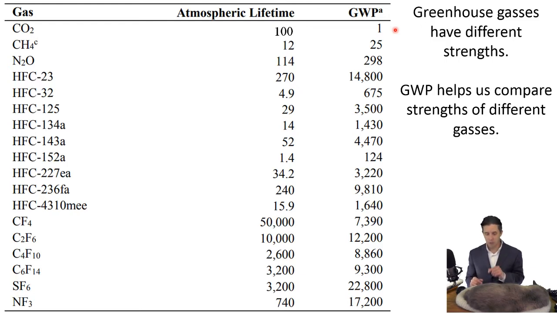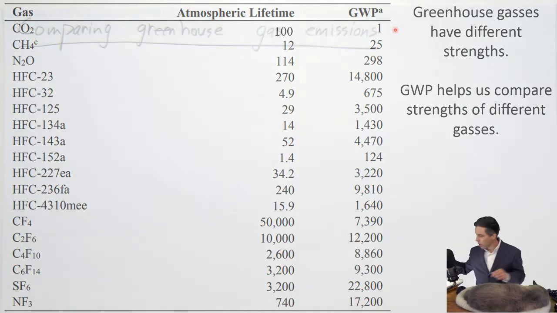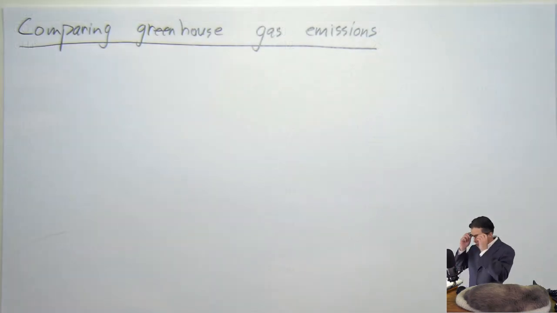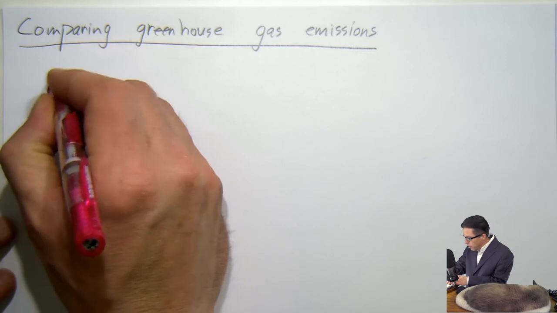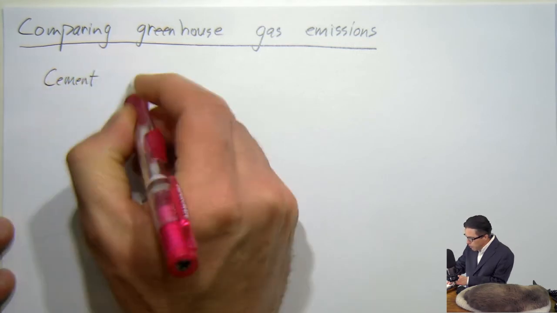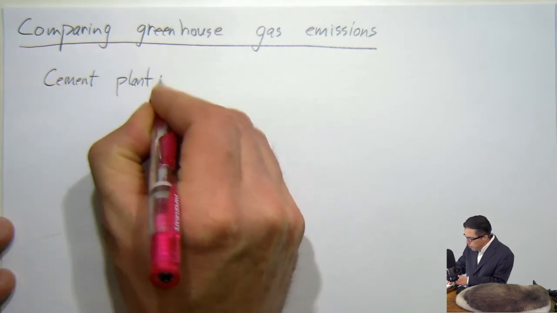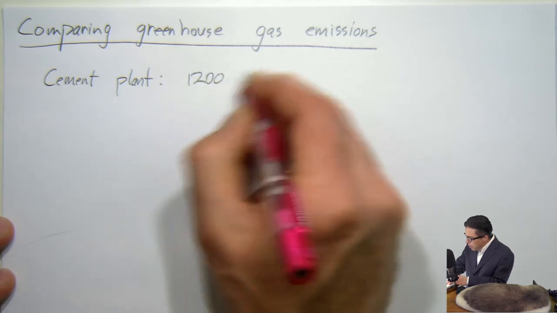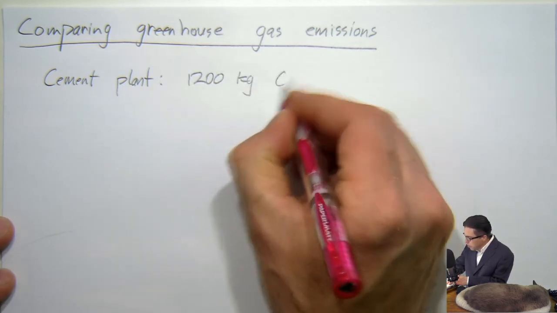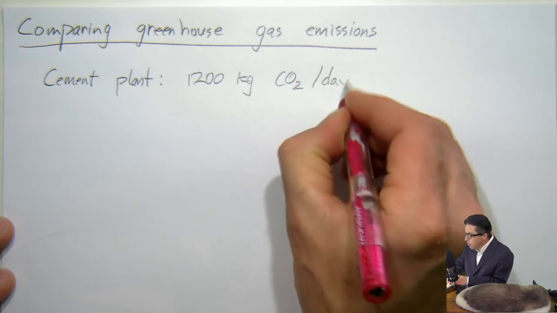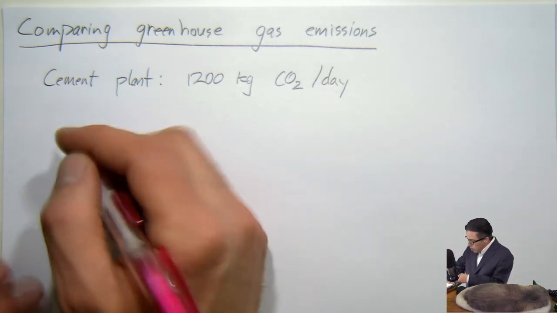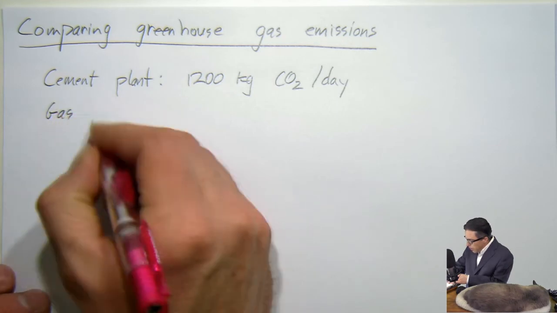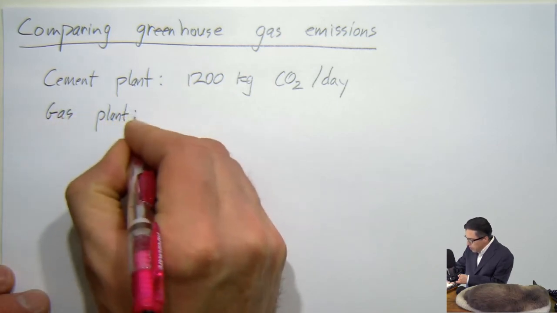Okay, I'm going to work through a problem. Let's say we have a cement plant, and the cement plant is emitting 1,200 kilograms of CO2 per day. Then we have a gas plant that processes natural gas.